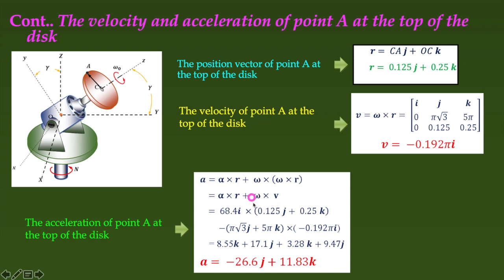Go through the cross product, substitute the value of alpha that we obtained and the r value, and simplify. We get that the absolute acceleration of point A is a function of j and k, meaning there is a component in the small y direction and the small k direction, equal to minus 26.6 j plus 11.83 k.